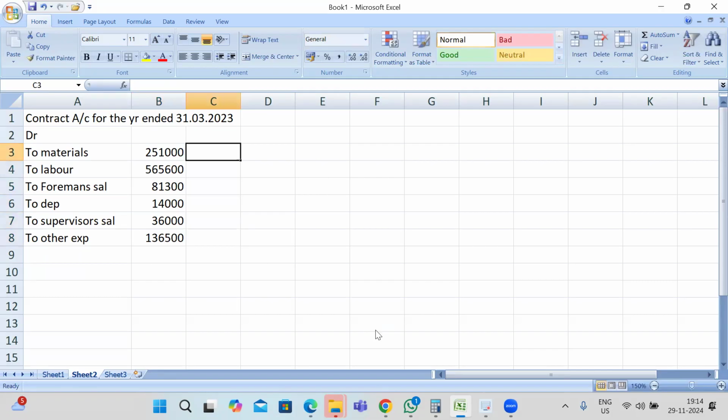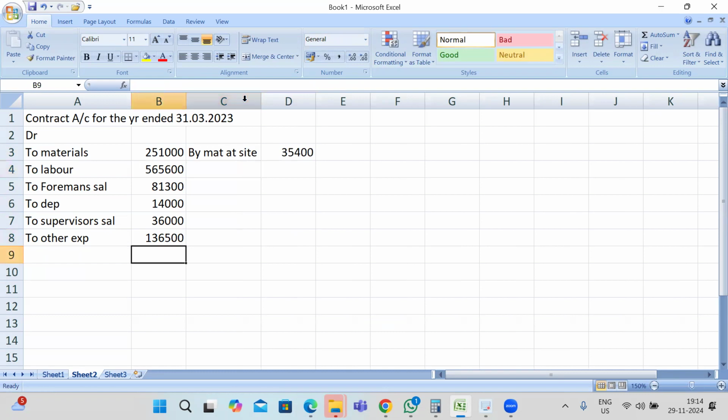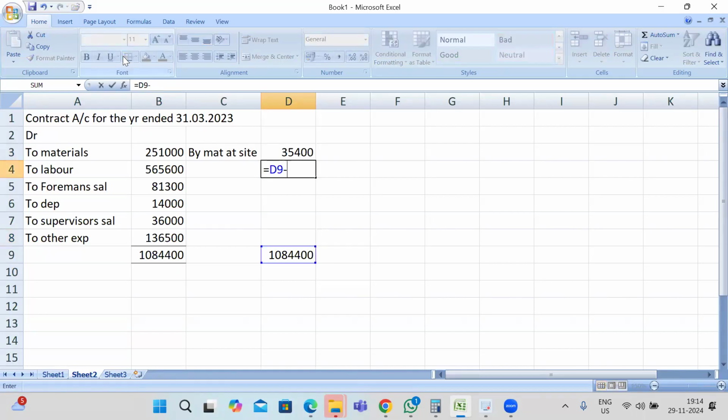In the credit side, we had materials bought at site, around 35,400. This is total cost. Now the balancing figure is 10,14,000.